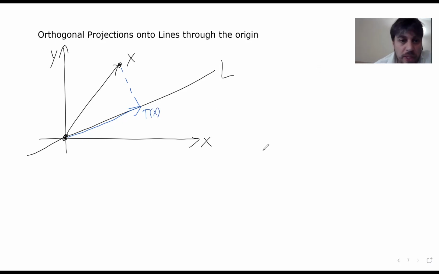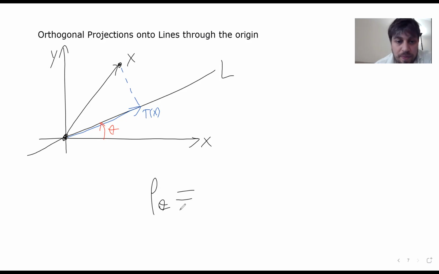The standard matrix for this is called P sub theta, where theta is the angle that the line makes with the x-axis in the counterclockwise direction. Positive is that way; negative would be below the x-axis.